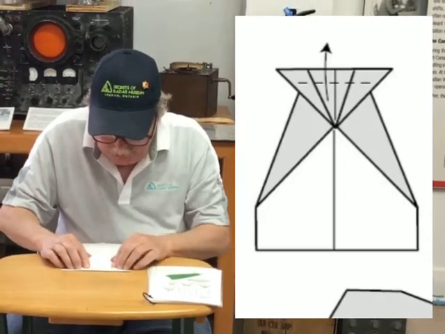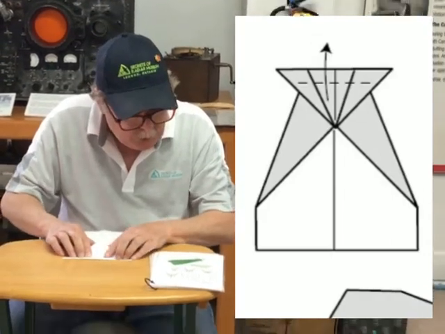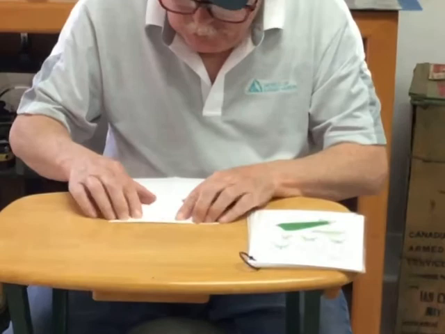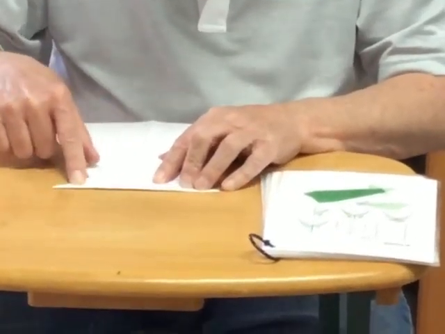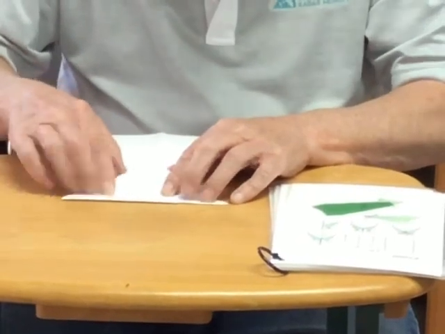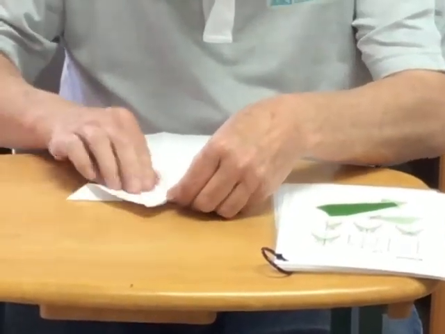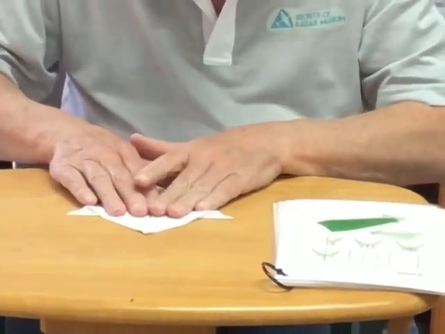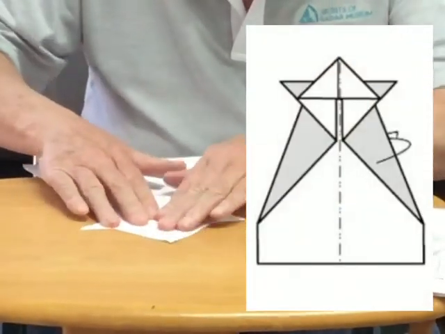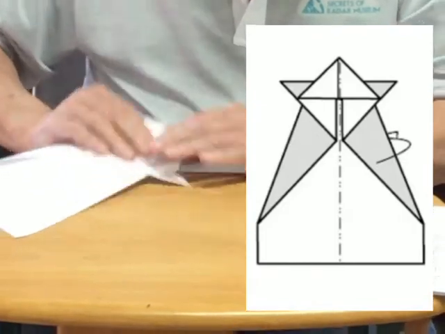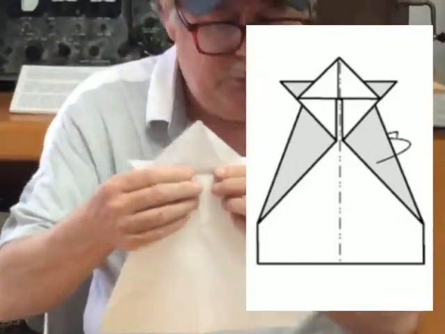And we're taking the nose and we're folding it with an imaginary line just below, so we're looking like this.